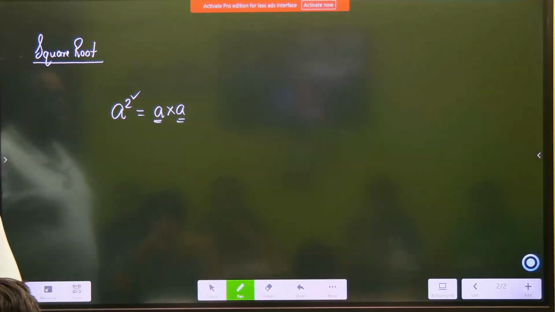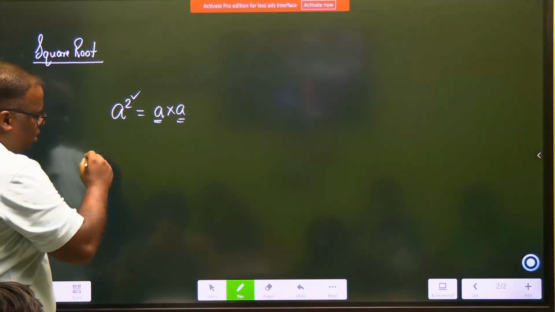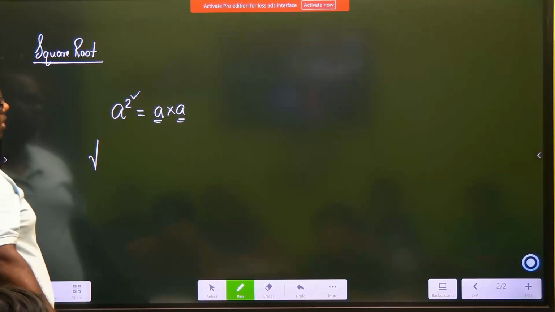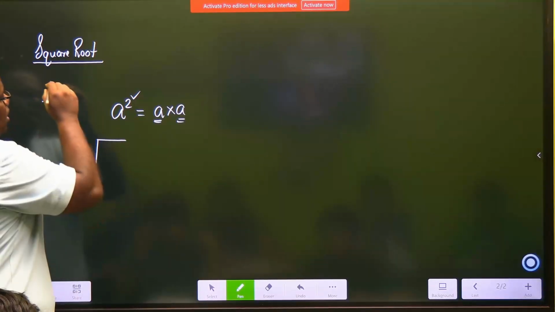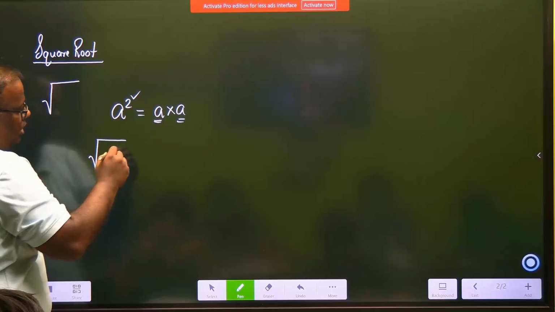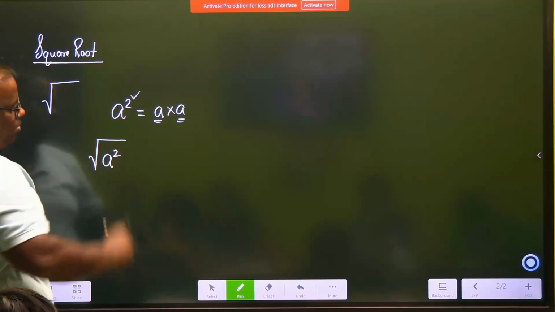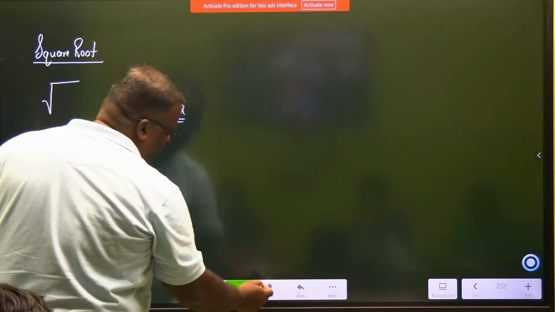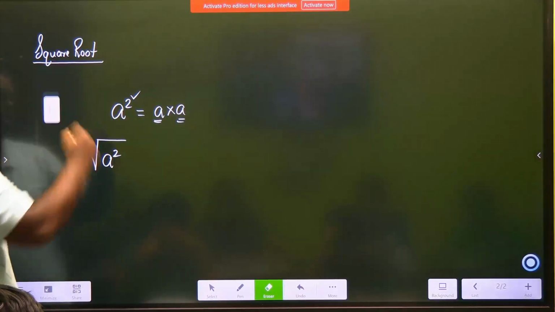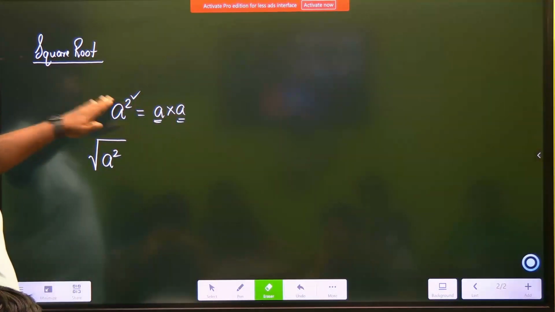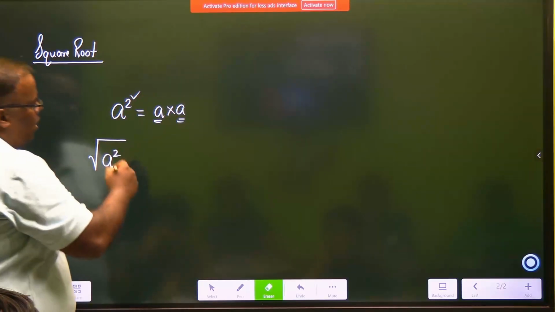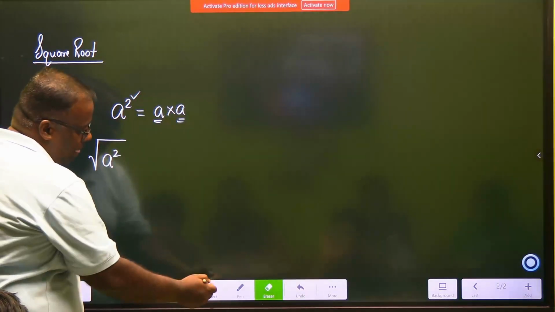Agreed? Now, when you say square root, we denote it by this symbol. And there will be a horizontal bar also, and the bar will shelter the number, the squared number which you're trying to evaluate square root of. So if a multiplied by a gives you a squared, so the square root of a squared will always be how much?